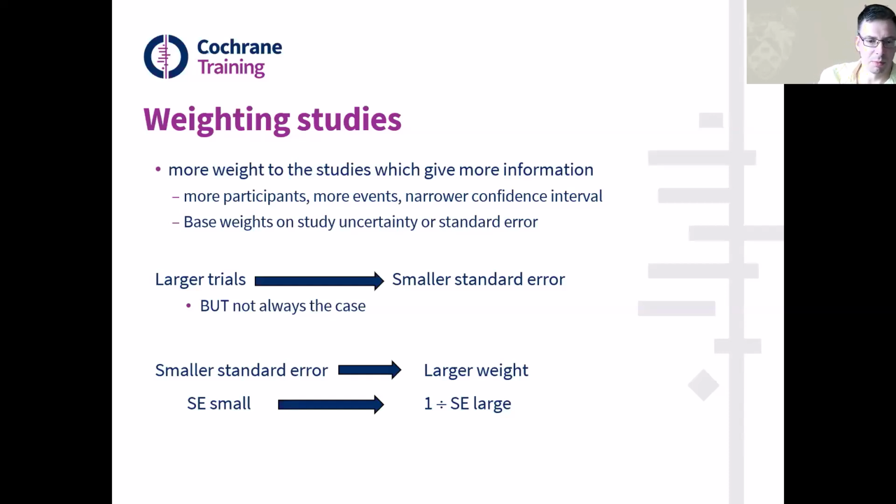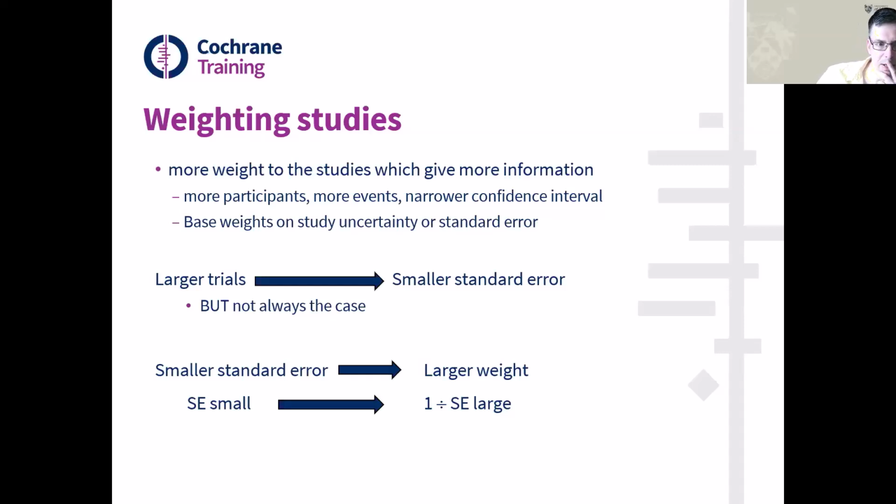So what we do is use a simple trick: if a standard error is small, then 1 divided by that standard error will be large. So we just flip things over, we do 1 divided by the standard error, and that way the larger studies will be more influential.